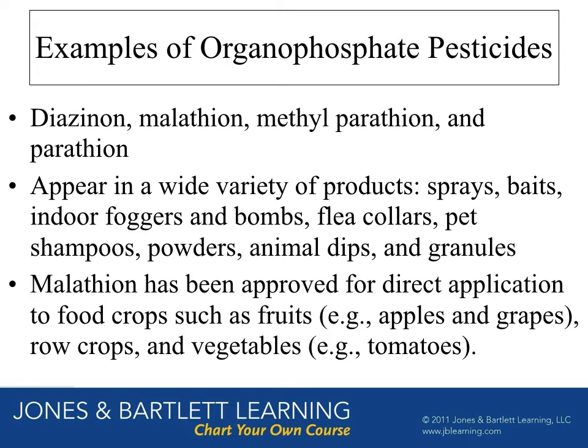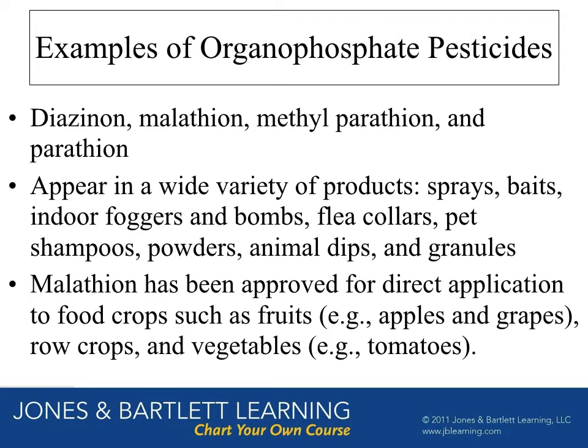Fortunately, most of the things that are used as flea control inside a home dissipate relatively rapidly. And so once they're used, if pets and children and people are kept out, you're not going to experience high concentrations of these after the time that's stated on the label, because they essentially break down in the environment with sunlight and oxygen. Malathion is one you'll see a lot.